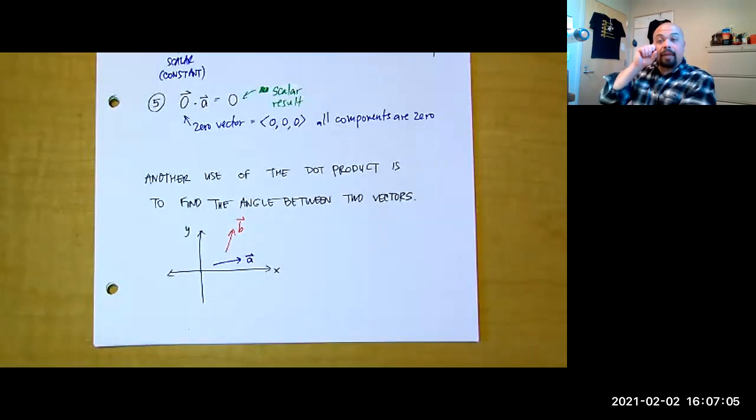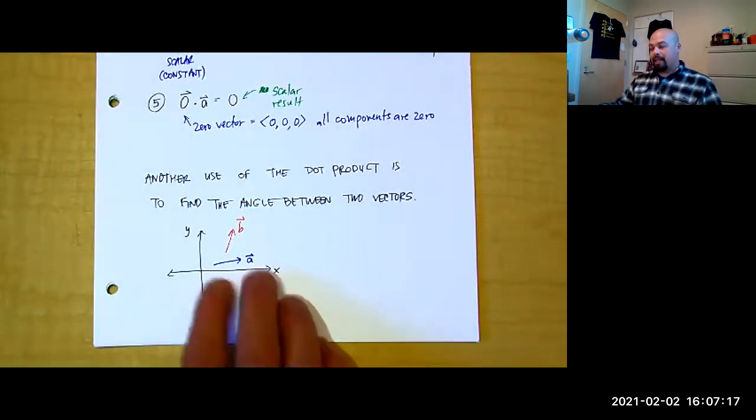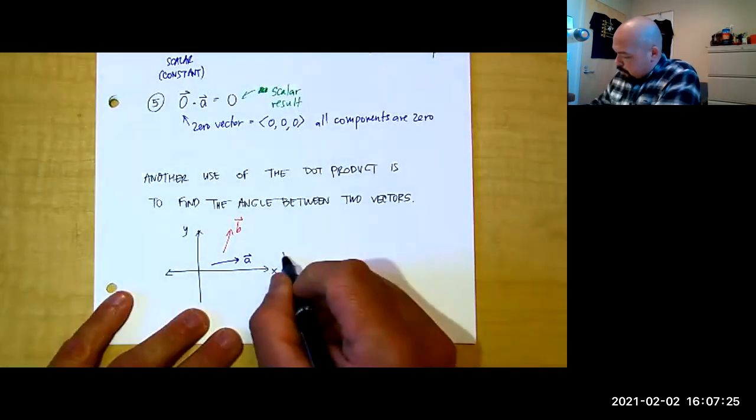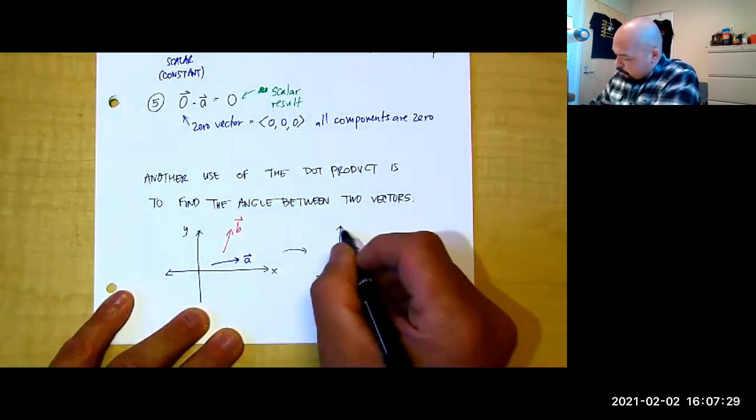And again, a vector doesn't have a set location, it doesn't have a set place to start. Vectors just have a magnitude, length, and a direction. So I can take those vectors and slide them around our coordinate system as I see fit and still be equivalent.